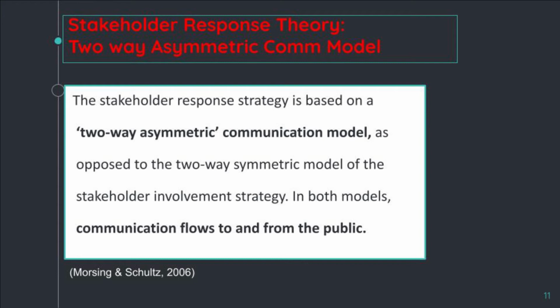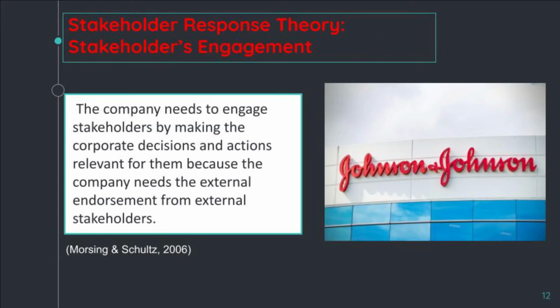But actually for these two models, communication flows to and from the public. So still on stakeholder response theory, here the company needs to engage stakeholders by making the corporate decisions and actions relevant for them because the company needs the external endorsement from external stakeholders.